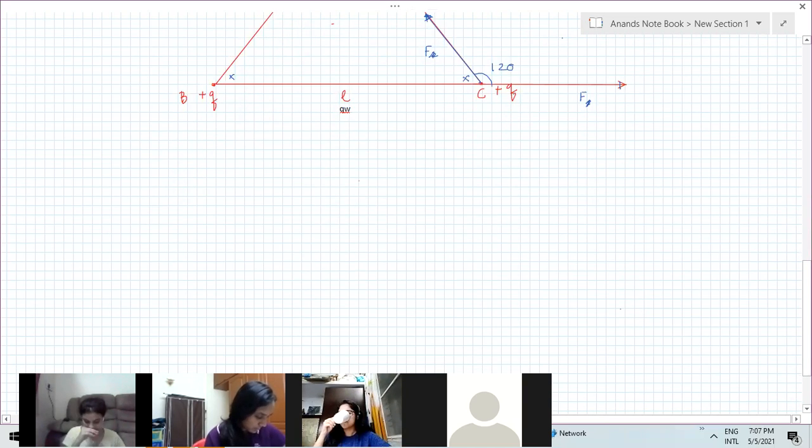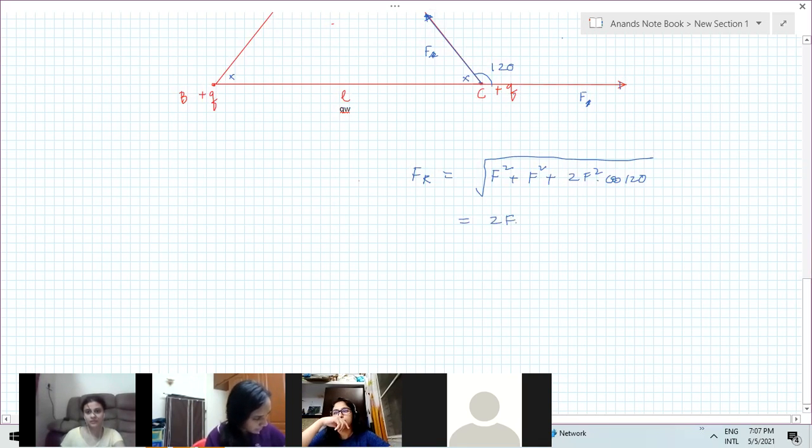Shreya, can you tell how to do that? What is the resultant force? So it will be under root F square plus F square plus 2 F square cos 120. What is cos 120 again? Minus half.